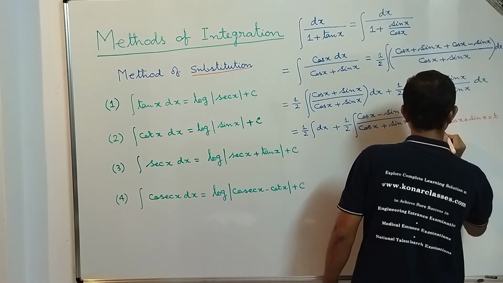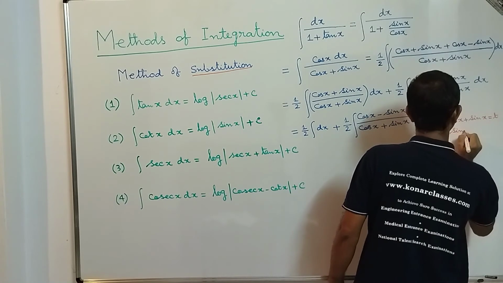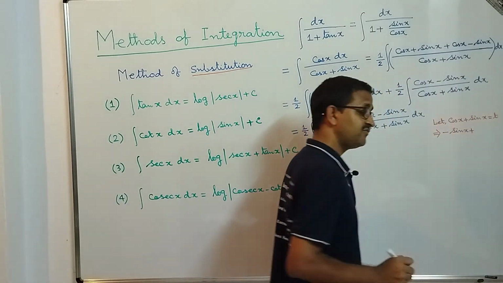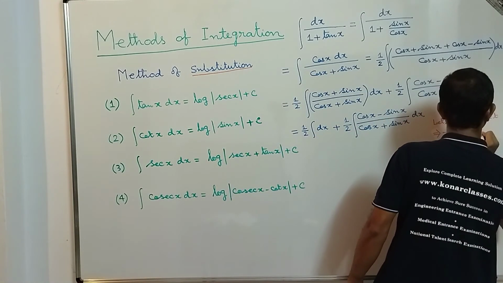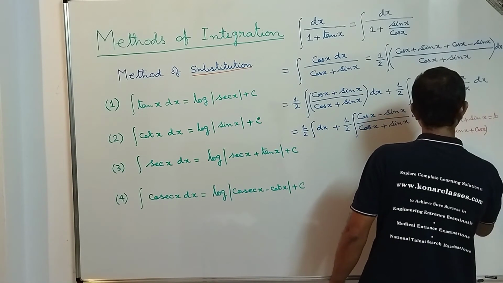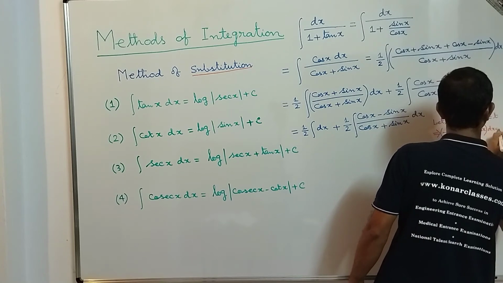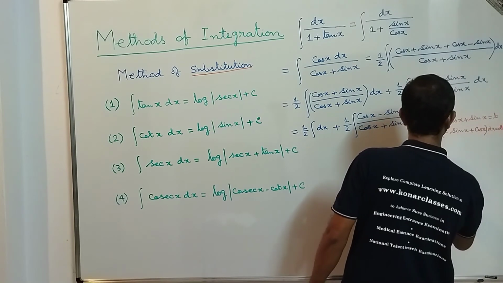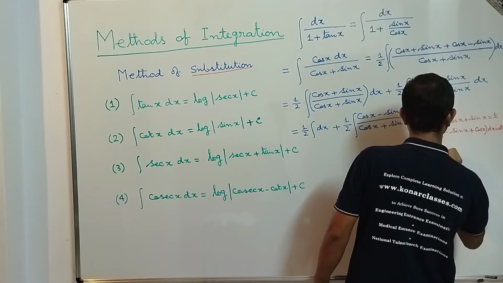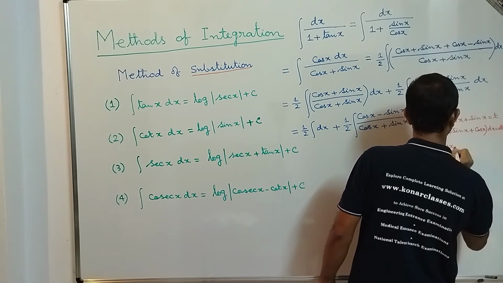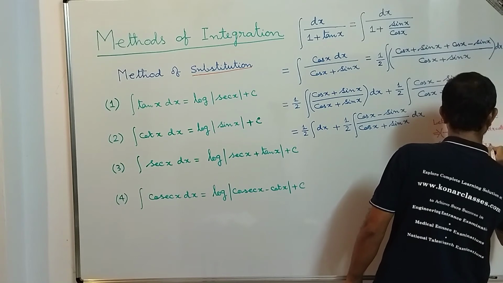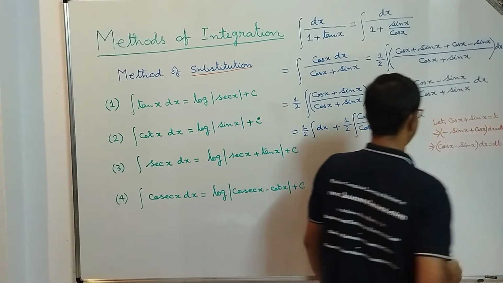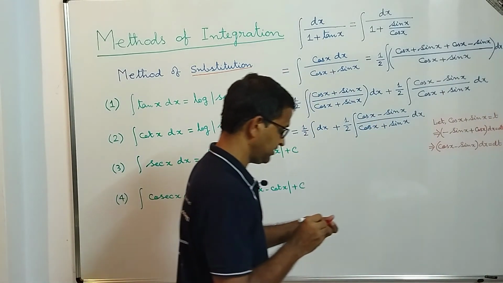And the differentiation of sin x is cos x. So minus sin x plus cos x, dx is equal to dt. That implies (cos x minus sin x) dx is equal to dt. That value we are going to apply here.